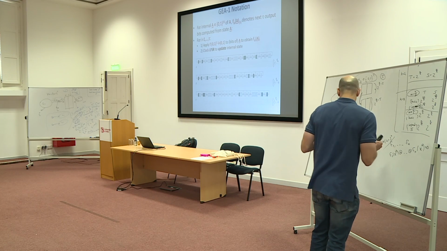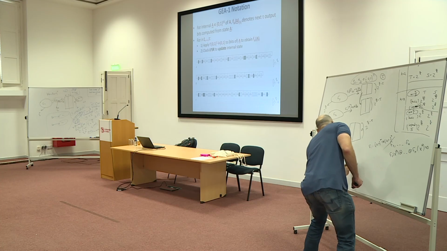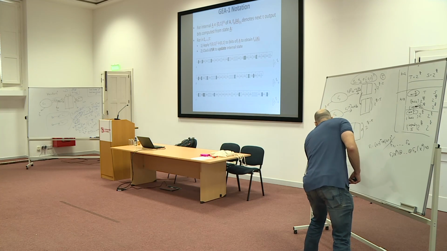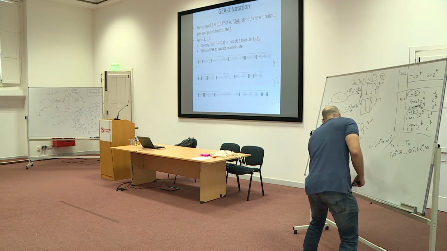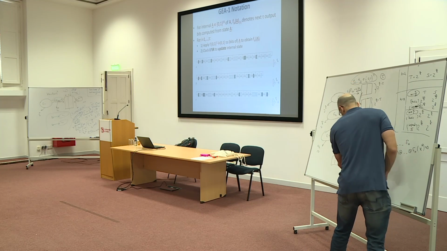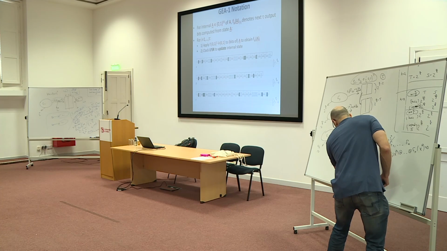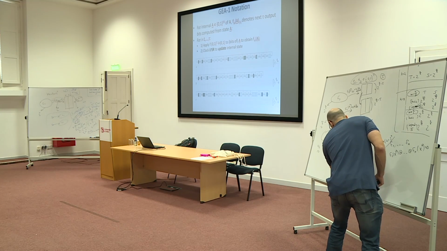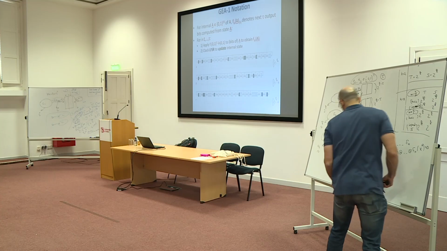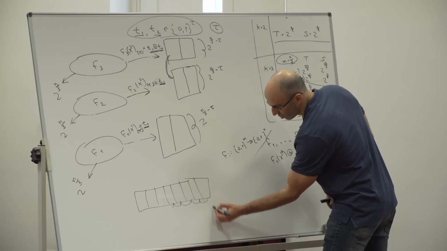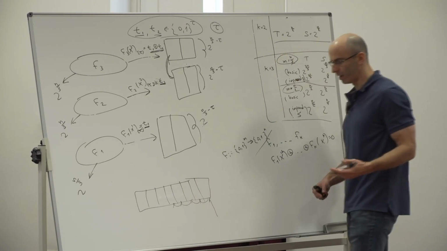So the way you produce keystream is you have this internal state. Every clock cycle, these are the bits of the register, and you just shift every bit to the left. Then you need to compute this bit in each clock cycle.